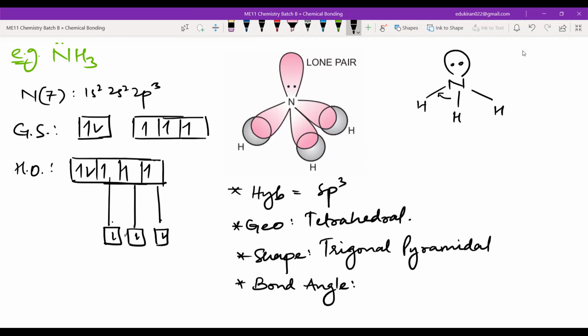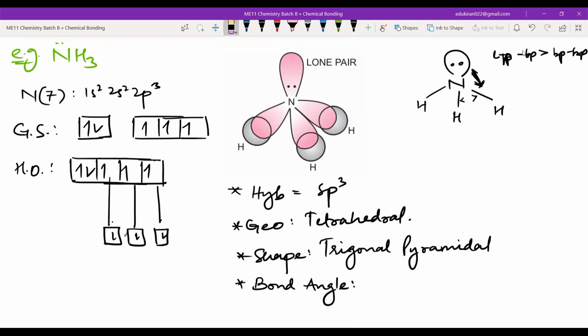There will be some repulsion between the bonds, and there will be some repulsion between the lone pair and the bonds. Because lone pair, bond pair repulsion is greater than bond pair repulsion, the lone pair will repel them hard, and these bonds will shrink a bit.